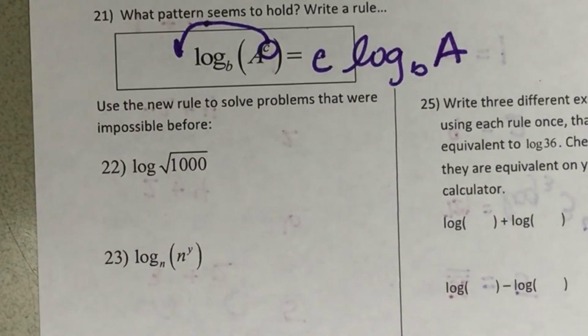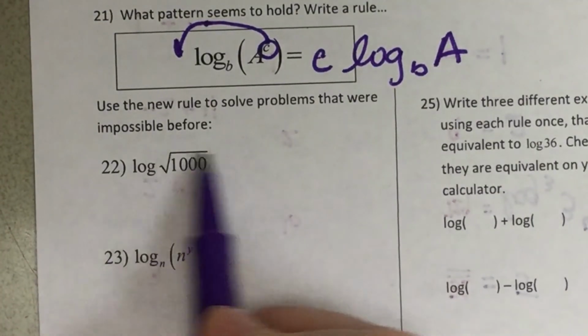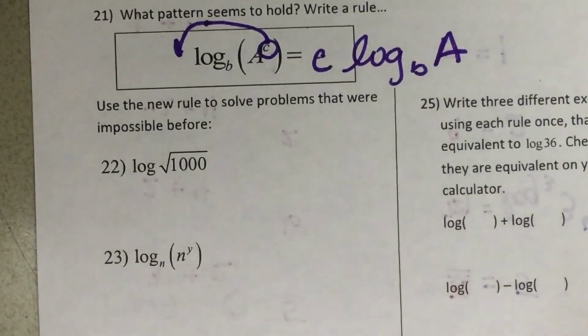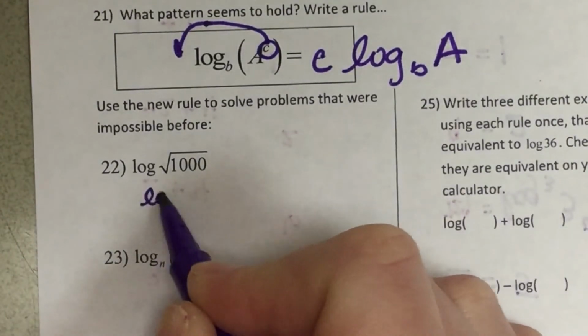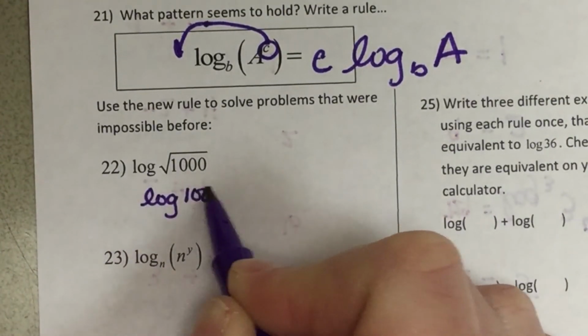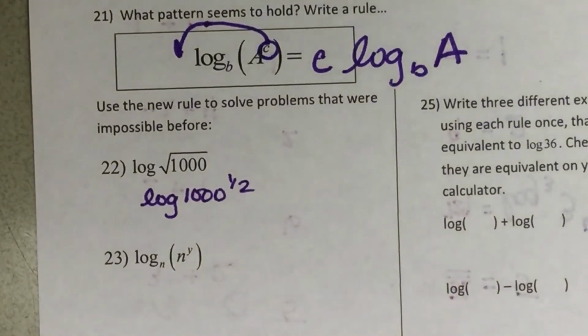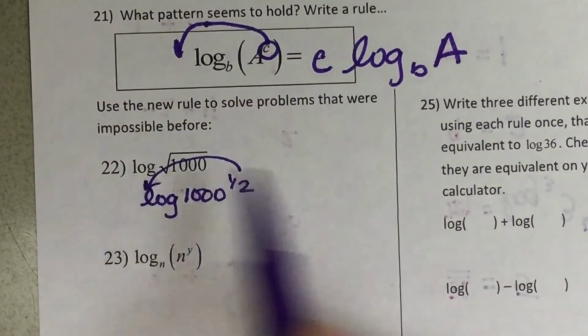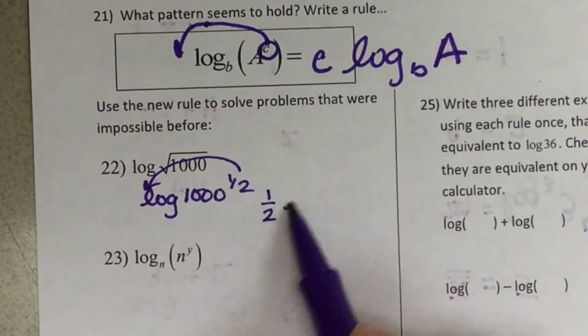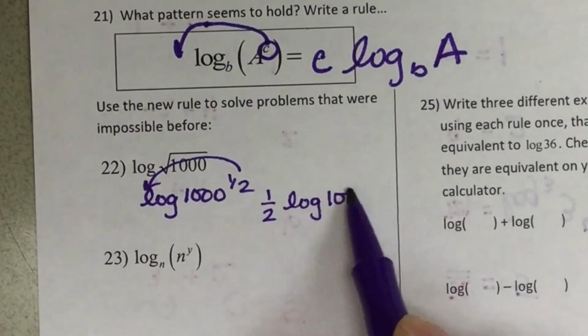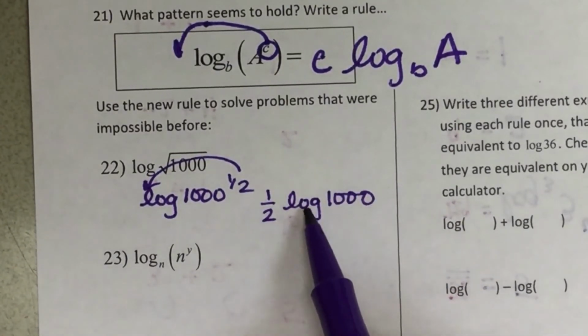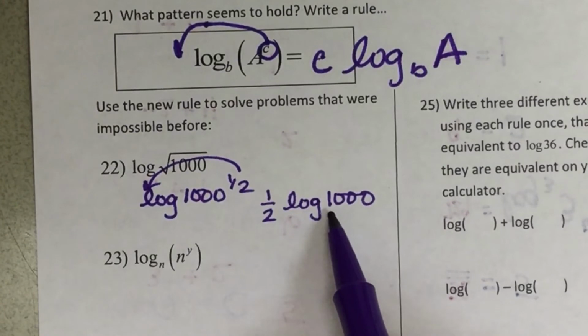Now, just to give you all an example here, I know when I take the square root of 1,000 that's the same thing as raising it to the 1/2. Well, if I move that 1/2 as a coefficient, now I have 1/2 times the log of 1,000. Well, the log of 1,000, common log, so our base is 10.